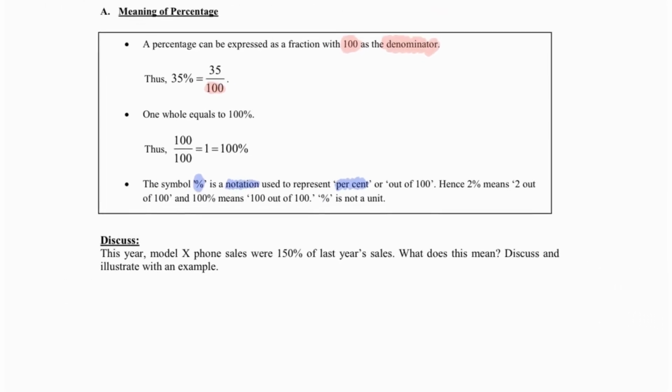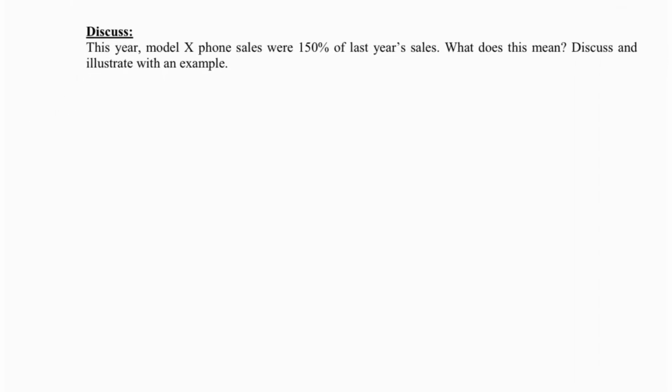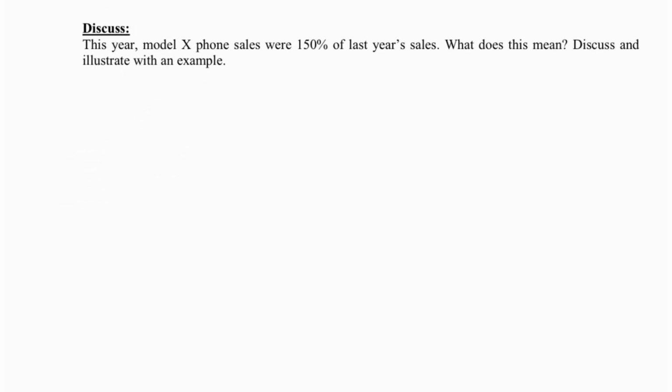Okay, so let's discuss. This year's Model X phone sales were 150% of last year's sales. What does this mean? Meaning we do need to offer some interpretation, and at the same time illustrate with an example.